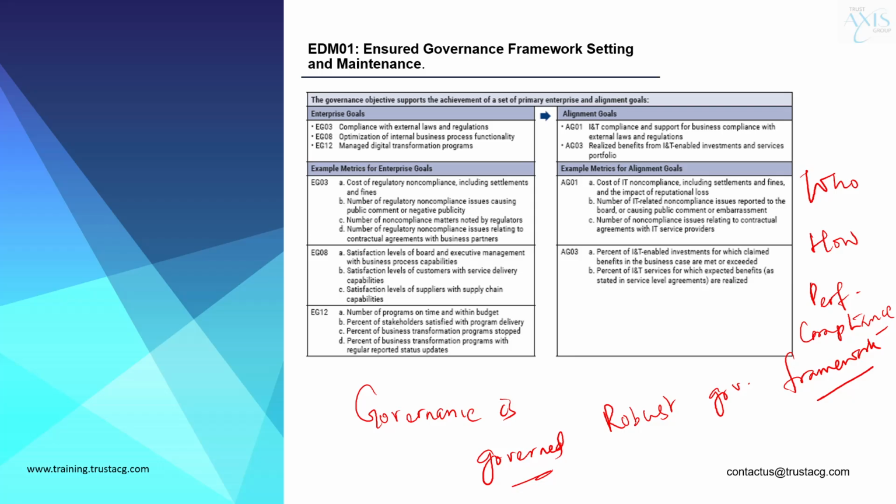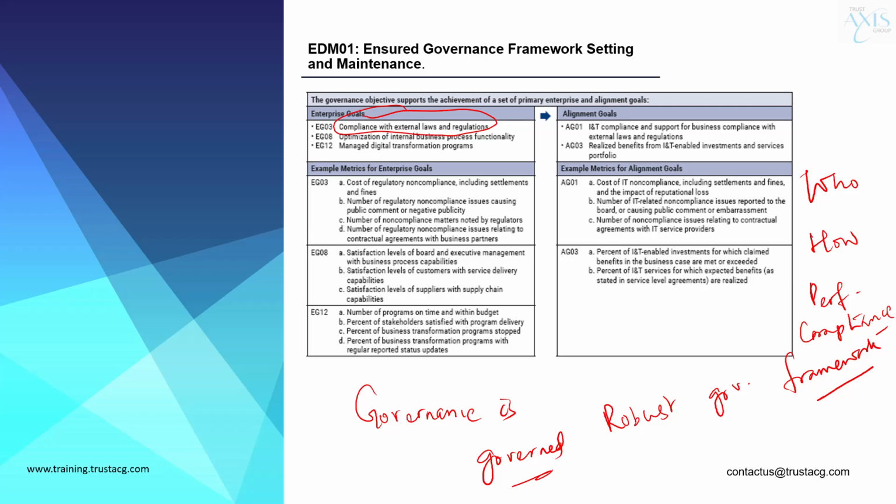First things first, the first goal it targets is compliance with external laws and regulations. This goal ensures that the enterprise not just complies with legal and regulatory obligations, but also proactively prevents non-compliance related incidents.